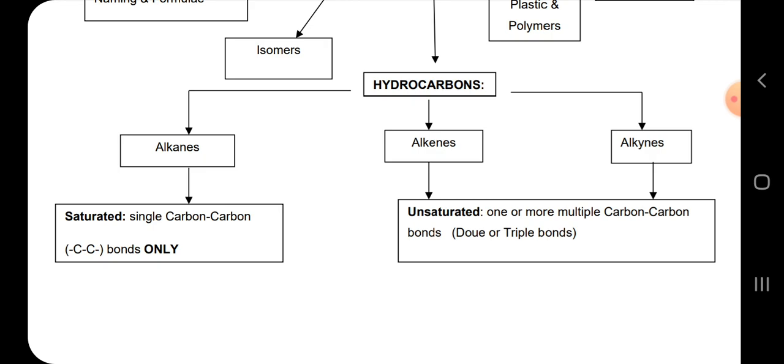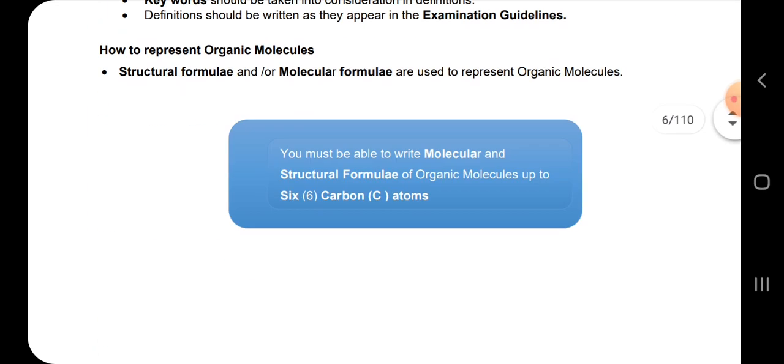So there are two lines between carbons, while in the saturated one there's only one bond line connecting the two carbons, but in the unsaturated there are two lines connecting the two carbons, or let's say the two atoms. I hope that is clear.